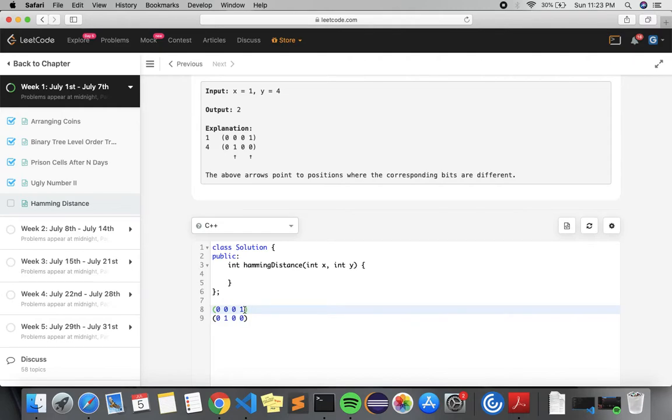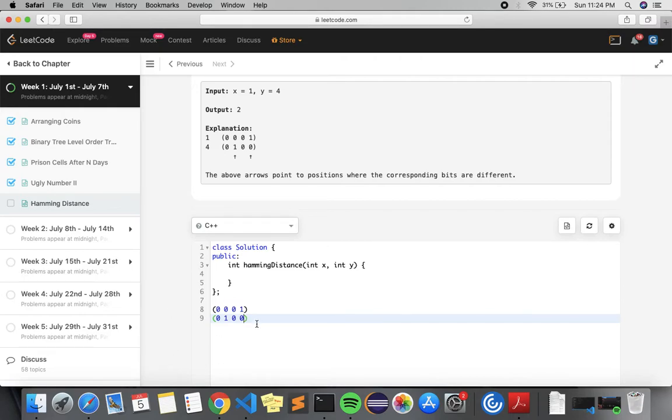If it is set, it gives us 1. If it is not set, it gives 0. So with the AND operator we can extract the last bit, and if they are not equal, then we increase our Hamming distance.